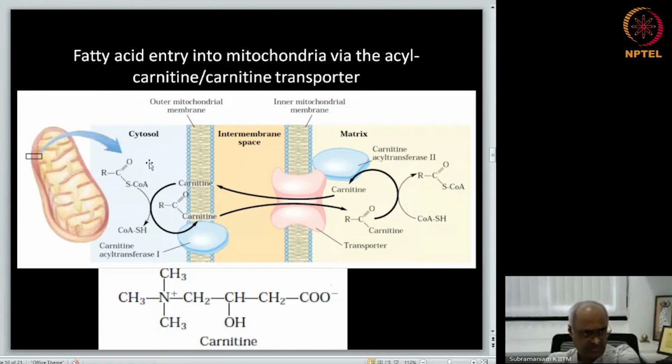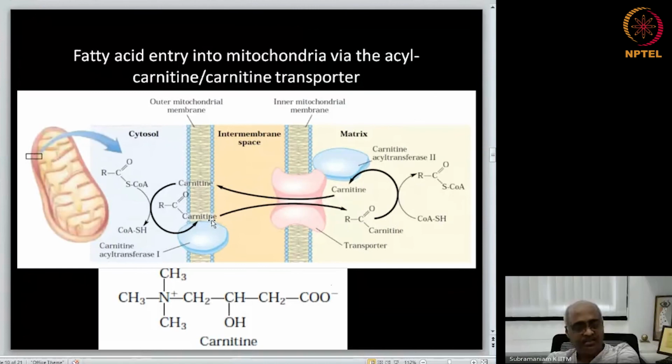So this is the acyl-coenzyme A. Production of this is done by those enzymes, simply called ACS. That is the first step. Then carnitine acyl transferase 1, which is present in the outer membrane, forms this carnitine acyl group, or acyl carnitine.